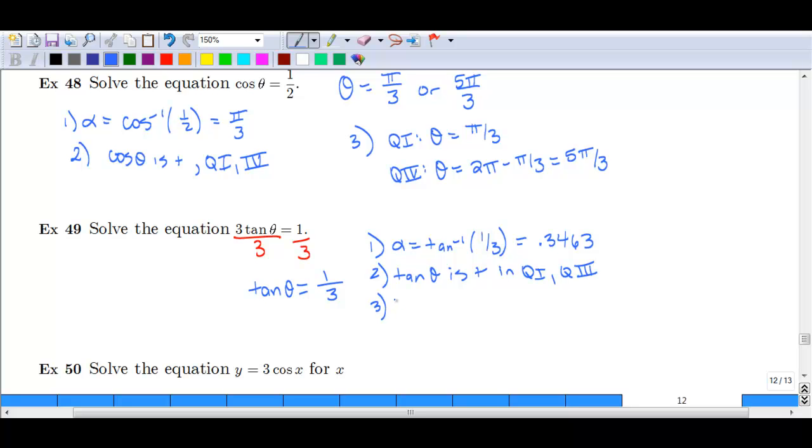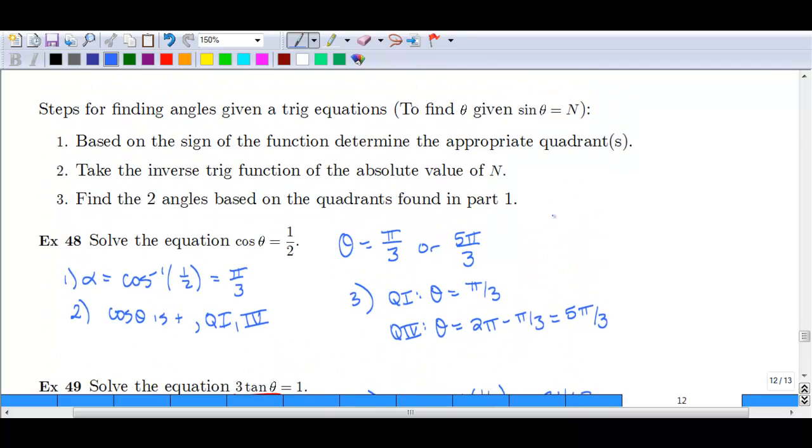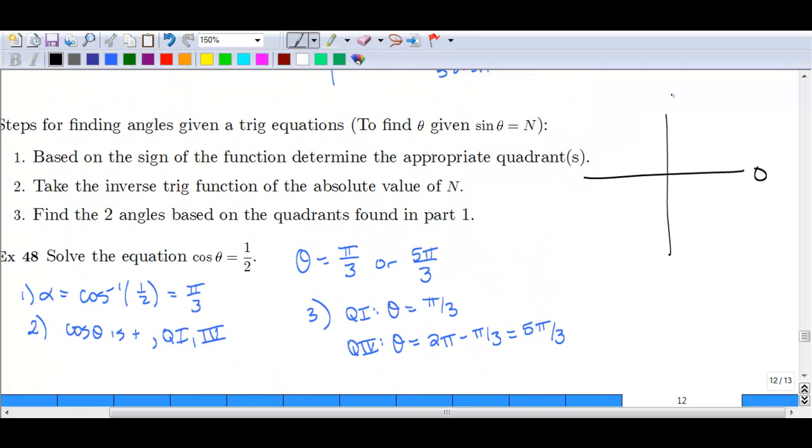And third step is to take quadrant 1. Theta is just going to be that angle. Again, if you need a reminder here, with our unit circle, we've got 0, we've got pi over 2, we've got pi, and we've got 3 pi over 2. So if you're trying to remember which quadrant you're in, pi over 2 is approximately 1.57, so if you're less than that, you're in quadrant 1.